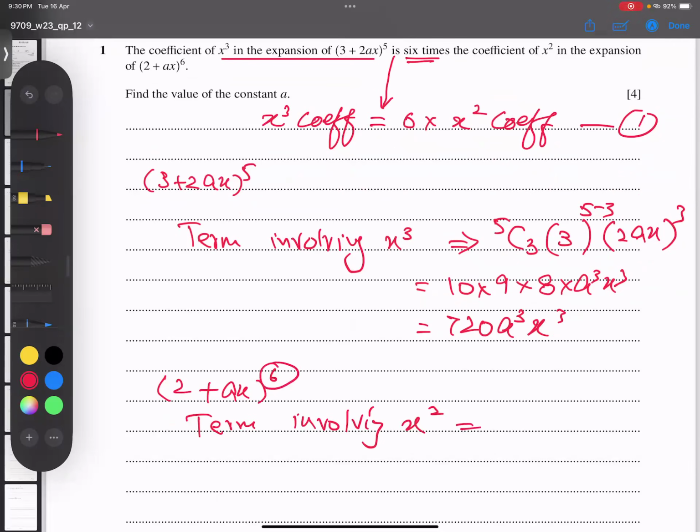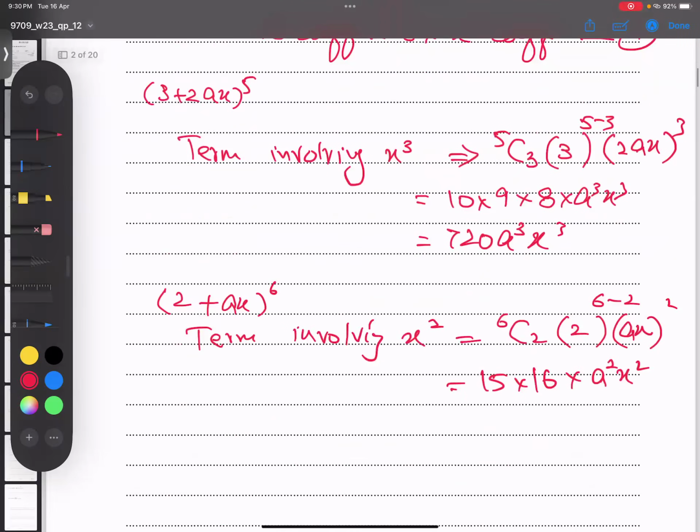So that is naturally 6C2, and this bracket will be 2ax, and here the difference of these numbers, 6 minus 2, is 4. And 6C2 is 15, you know it very well. 2 to the power 4 is 16, and here a to the power 2 and x to the power 2. So ultimately 15 times 16, I'm getting 240 a to the power 2 x to the power 2.